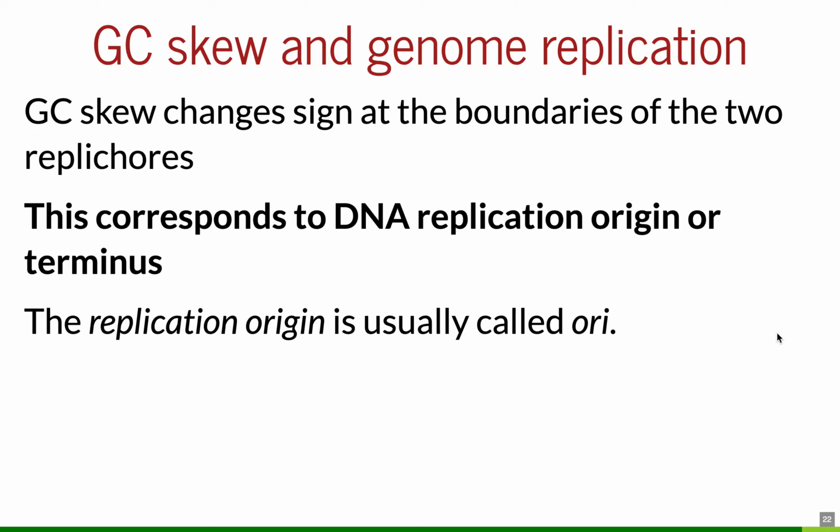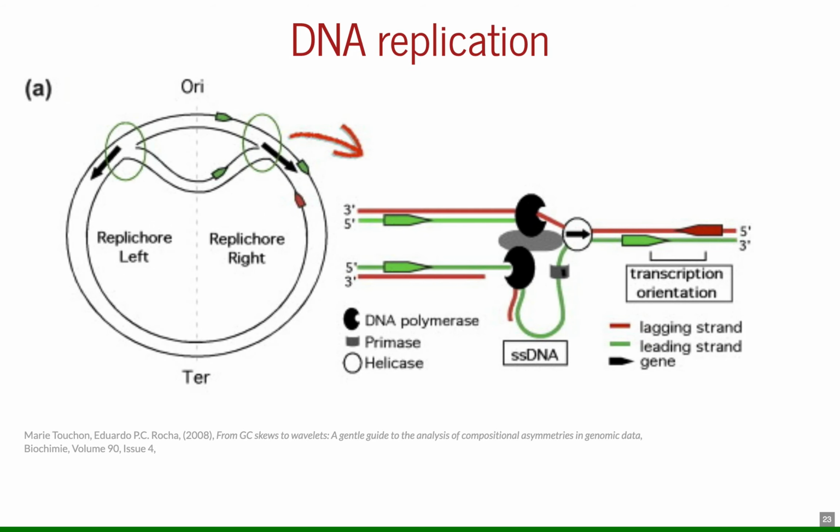Why? Well, as we discussed previously, this happens because of the way that bacterial DNA is replicated. The GC skew changes sign at the boundaries of the two replichores, the parts that are used for replicating the chromosome. This is the biological part. You have the origin of replication, where the DNA is split in two halves, and replication happens simultaneously in two replichores, the left and right replichore.